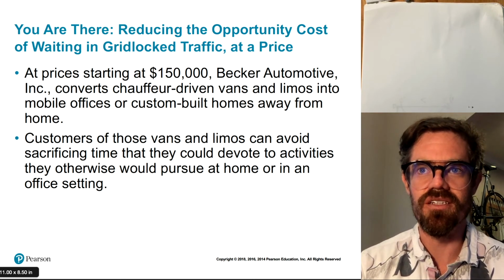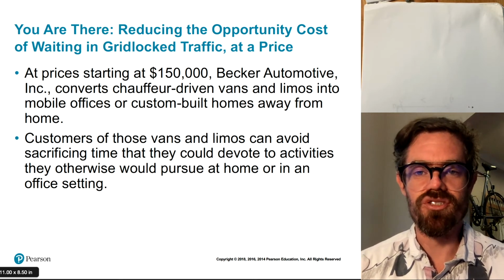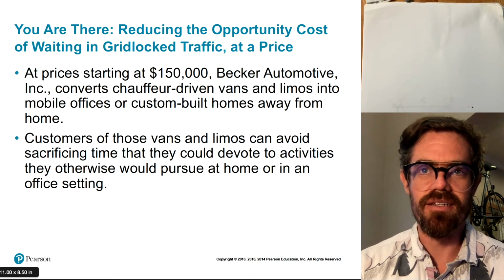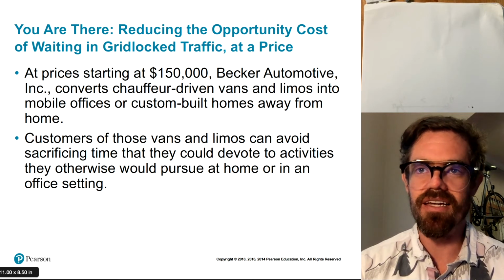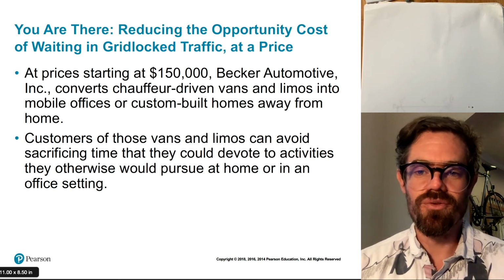People sit in traffic, at least during normal times, not so much right now, and they have to devote their time and attention to driving. They can't work or do anything like that. So this is sort of an example of an increase in technology, right?